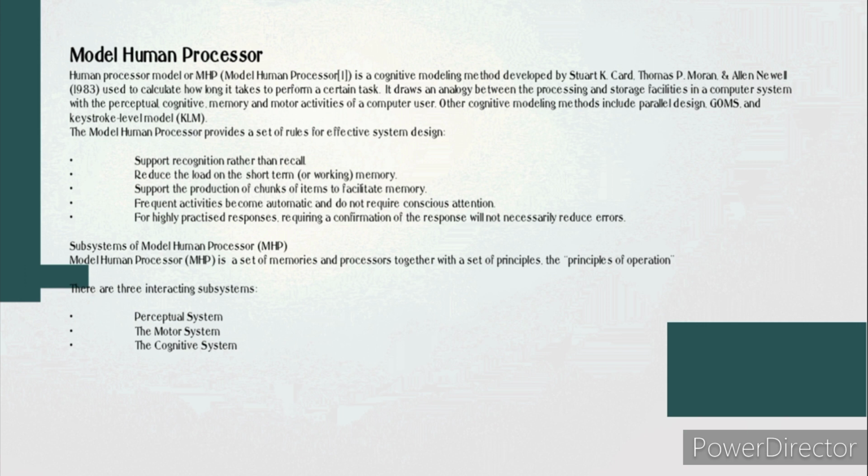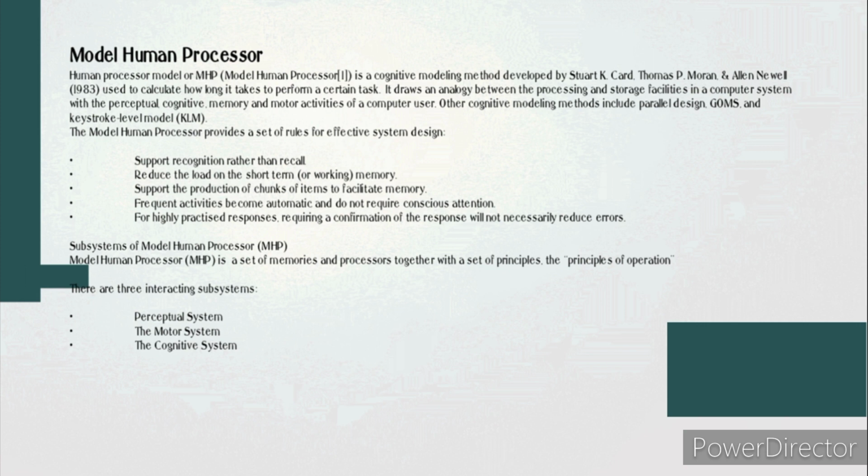The Model Human Processor provides a set of rules for effective system design, such as support recognition rather than recall, reduce the load on short-term or working memory, support the production of chunks of items to facilitate memory, and frequent activities become automatic and do not require conscious attention.